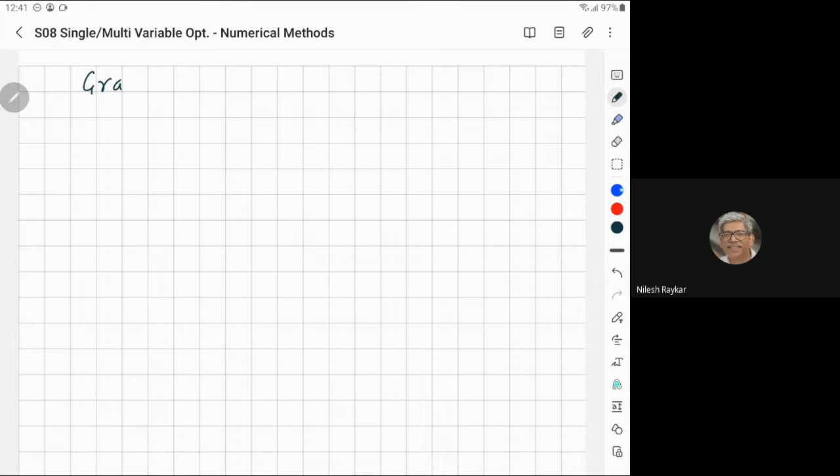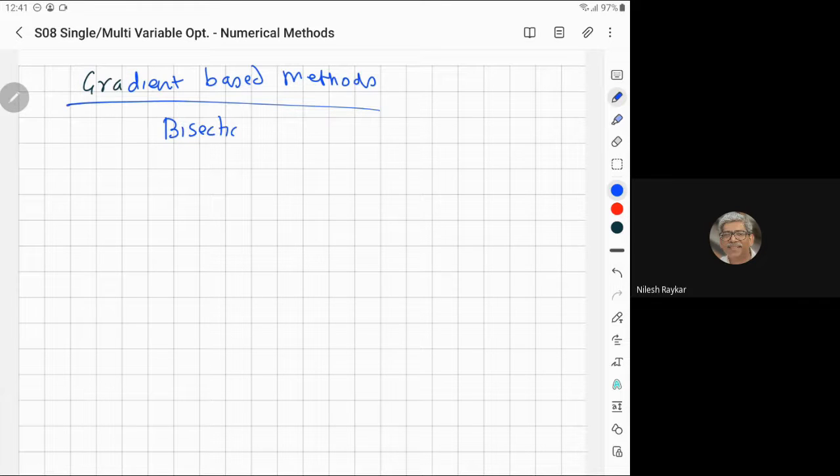So the next methods are gradient-based methods. In the gradient-based method, the method we are going to see is known as the bisection method.